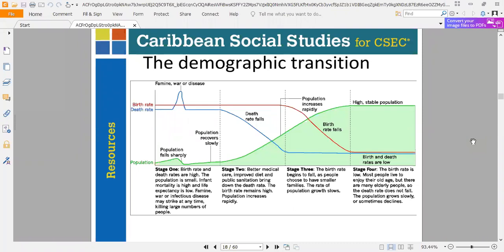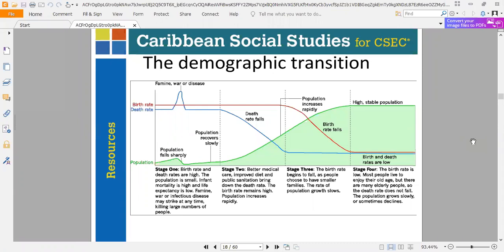Stage two, better medical care, improved diet, and public sanitation bring down the death rate. The birth rate remains high, population increases rapidly. So notice that in the first phase, or stage one, the birth rate is high, but the death rate is also high.